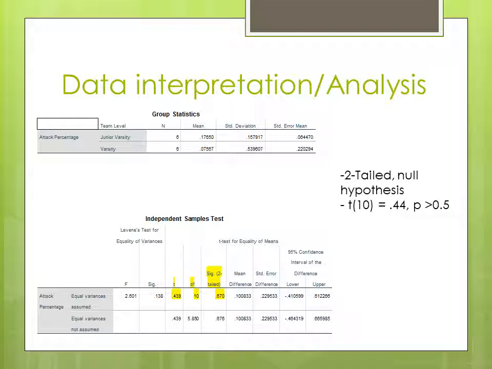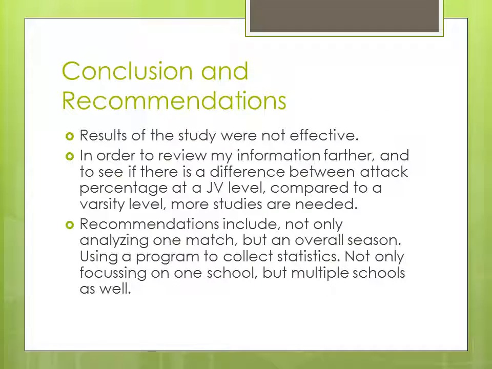And p greater than 0.05 indicates the confidence level. The obtained value of 0.44 does not exceed the critical value for 0.05 at 10 degrees of freedom. It needed to exceed 2.228 in order to be significant. Therefore, the results of my study were not significant.